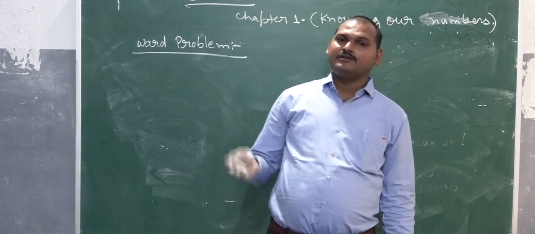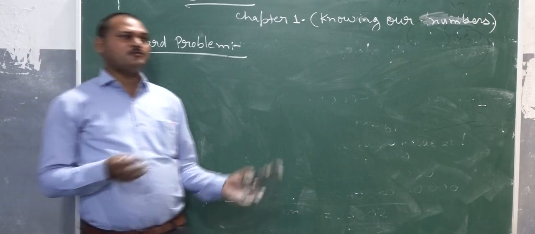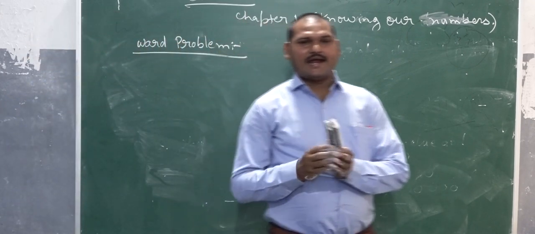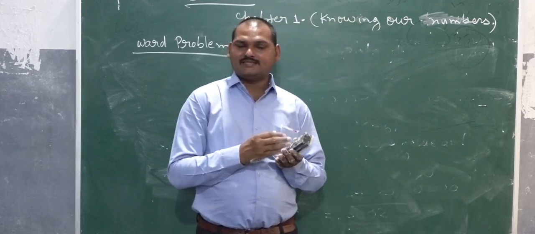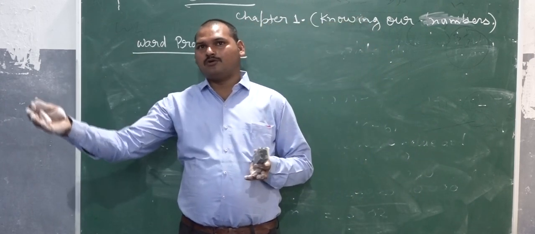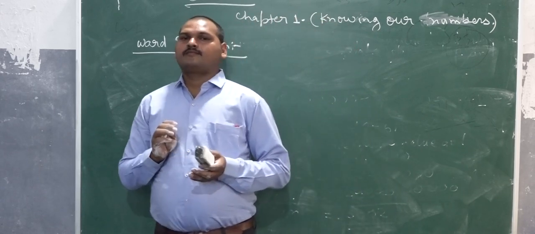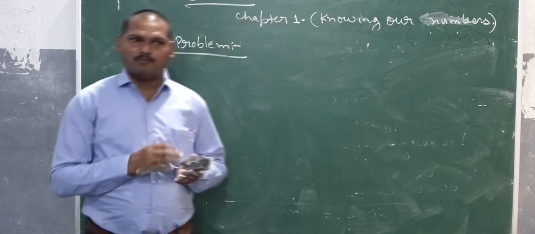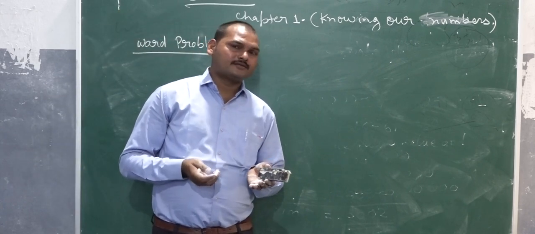How do you know? If you are given less and asked about more, then you multiply. But if given more and asked the less amount, then you divide.